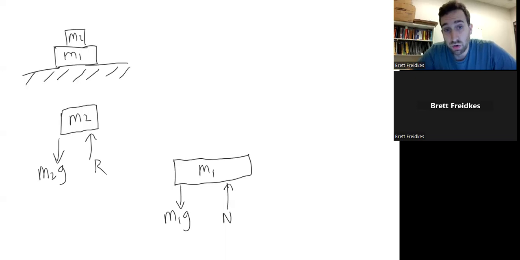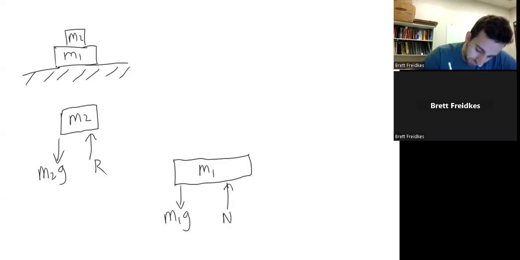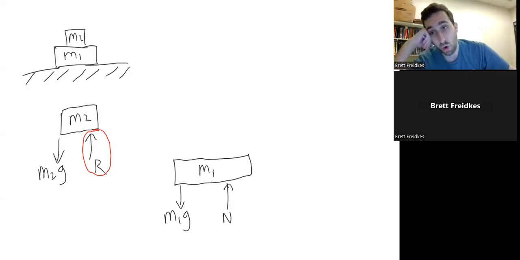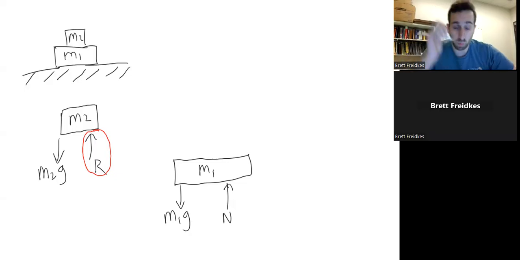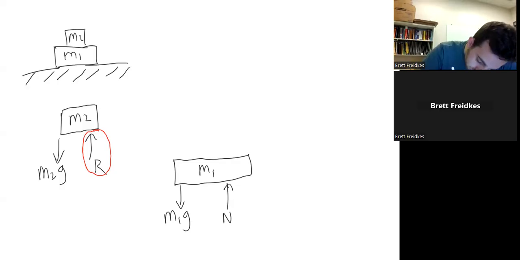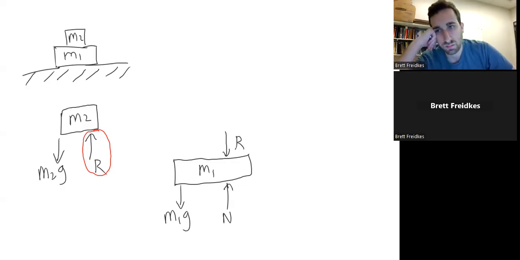And in order to take into account the second mass, we have to include the fact that a reaction force caused by M1 on M2 is going to be equal and opposite because of the effect that M2 has on M1. So that means that there's going to be an R pointing down.